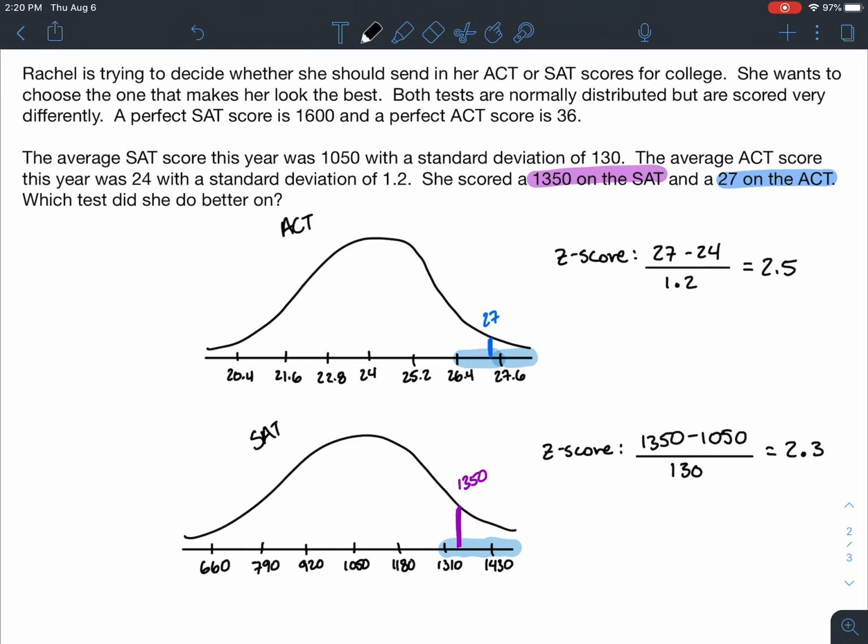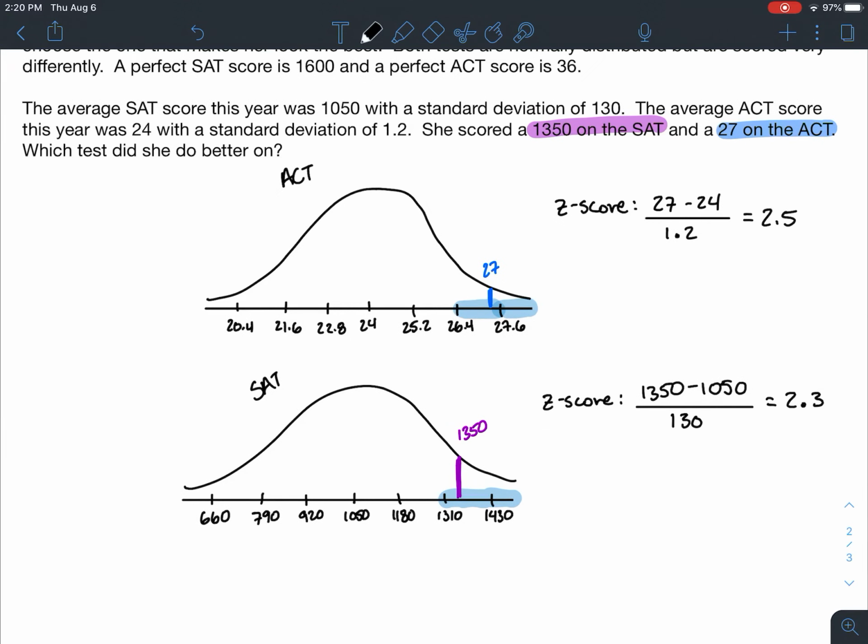If we're looking at those z-scores, we can now compare the two scores to see which one she did better on. Obviously the higher the z-score, the higher you are on your normal distribution line, and that's going to be more unlikely. So should we choose the ACT or the SAT? It turns out that her z-score right here is bigger than the one down here.